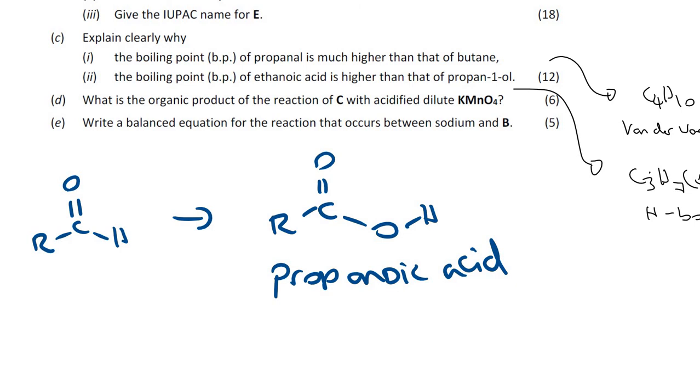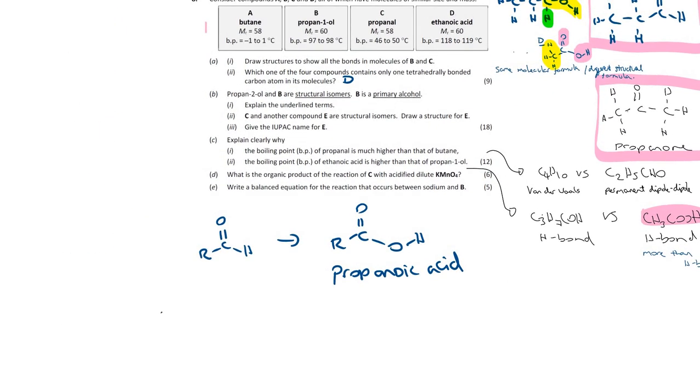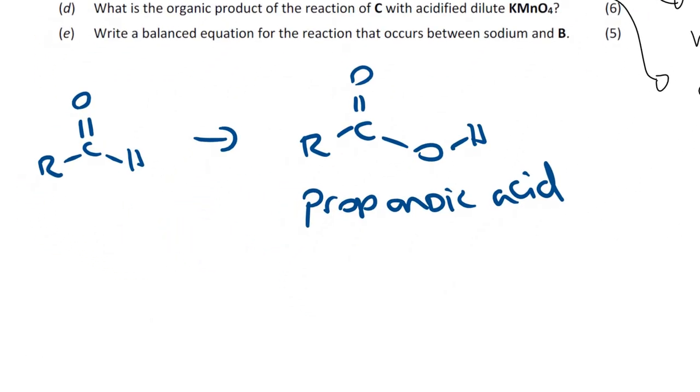Write a balanced equation for the reaction that occurs between sodium and B. So propan-1-ol and sodium. So Na plus C3H7OH. What happens in this reaction is the alcohol actually acts like an acid and gives away its hydrogen.